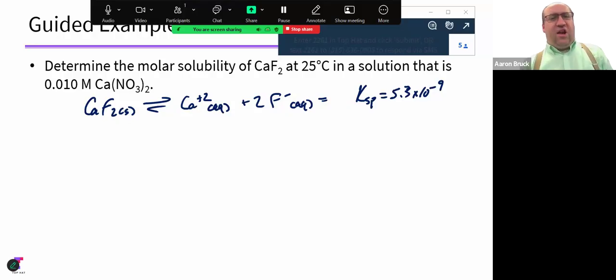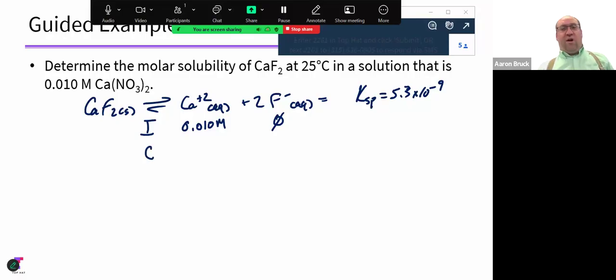Now here's where things change up a little bit for us. Up until about a minute ago, we would have said that the initial concentration of calcium was 0 because we were just doing it in pure water. Now we know that the concentration, because it's a solution of calcium nitrate, is going to be 0.01 molar. Now we still have no fluoride present, so that part hasn't changed.